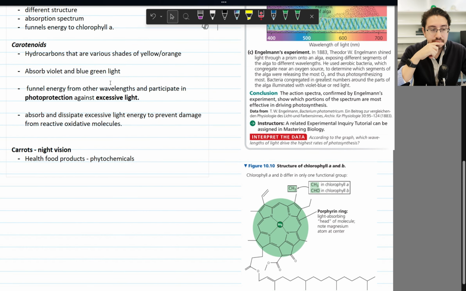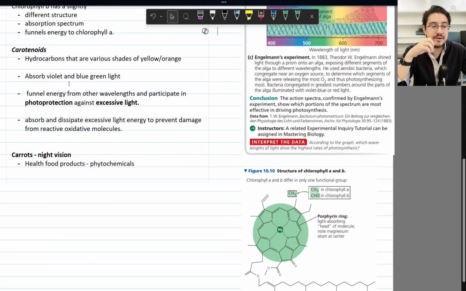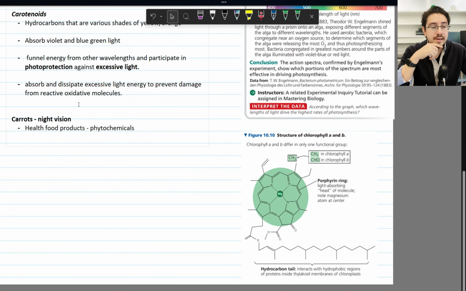They can also absorb a good amount of violet and blue-green light. Ultimately, they funnel energy from other wavelengths and also participate in photoprotection against too much light. If you have too much light, that could be a problem.